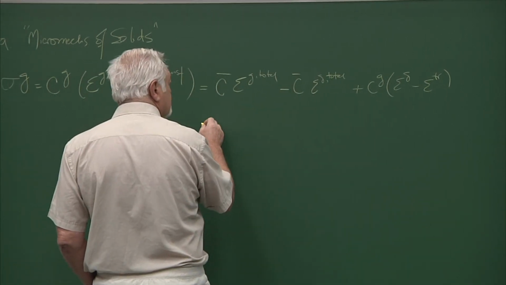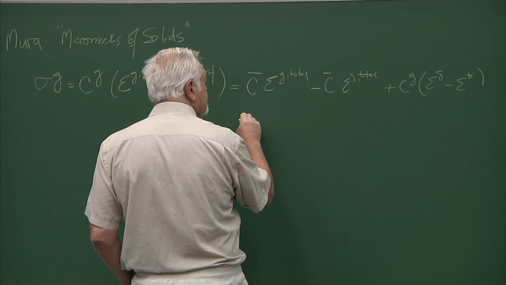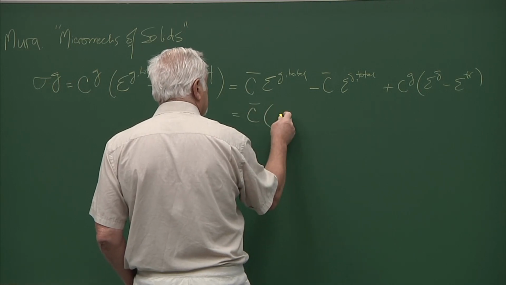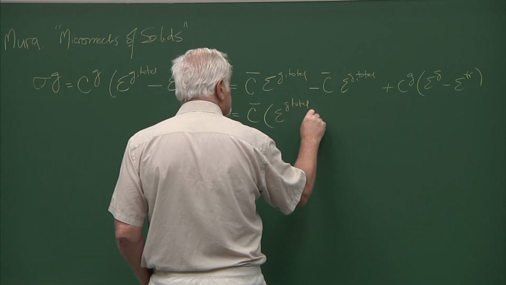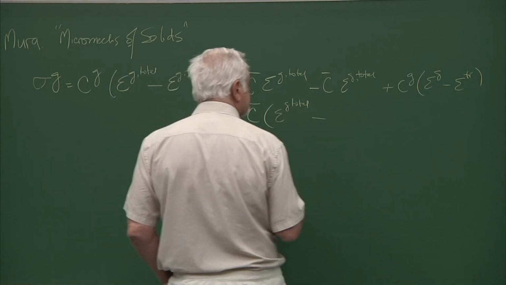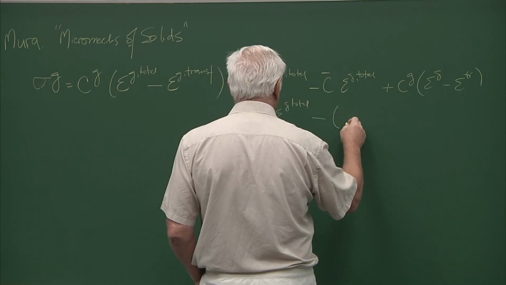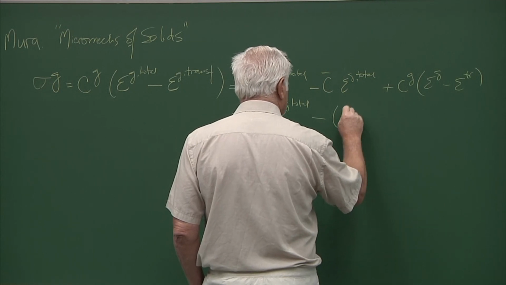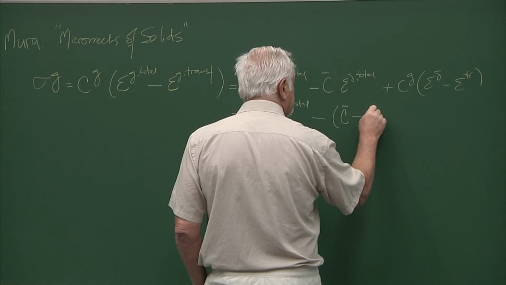And then you say, okay, I'm going to write this as C times Eg total minus C minus Cg.